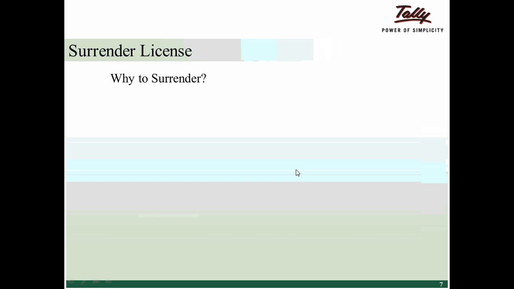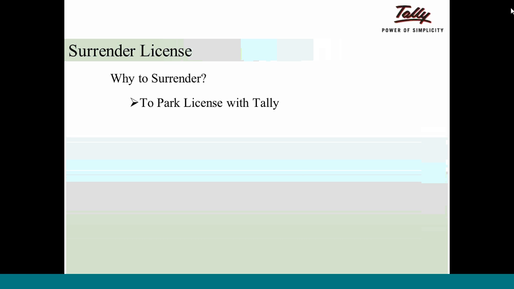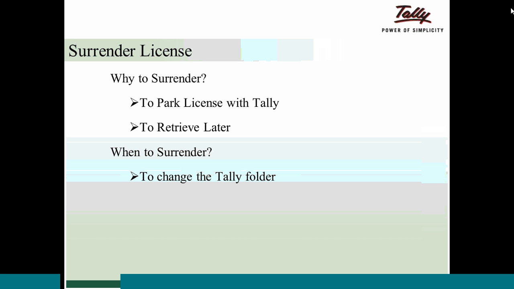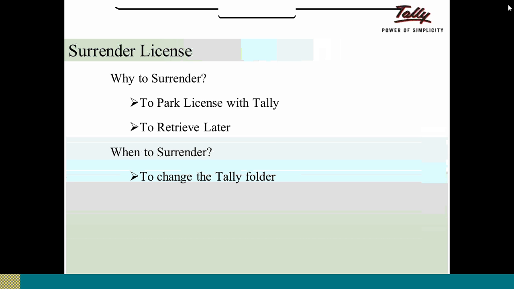Next we'll go with surrender license. Why do we surrender the license? It is to pass the license with Tally or to retrieve the license later. And when do we surrender the license? When you change the Tally folder from one location to another, for example if Tally is installed in C drive and you want to change the location from C drive to D drive, then you have to surrender the license.